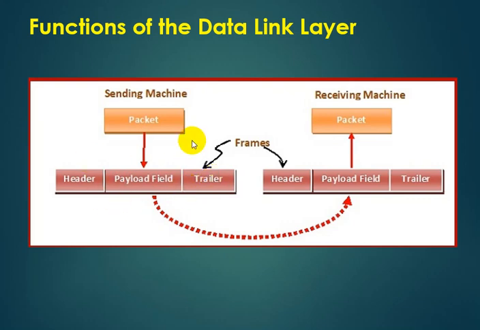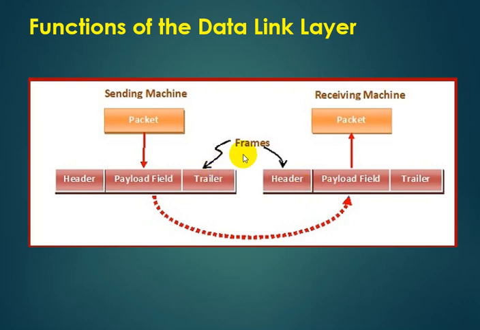So whatever message is received will be stored, and the message will start with the header, including the trailer. So we have to place a header and a trailer on that message, and that we call a frame. These frames will be sent to the receiving machine.